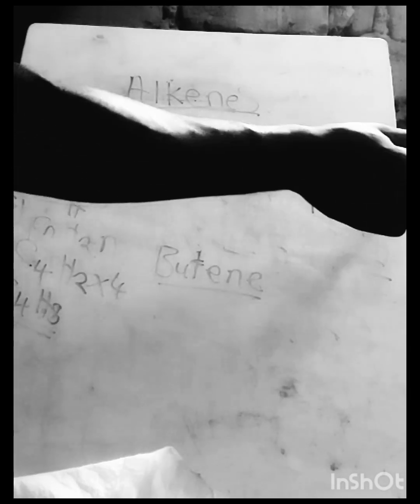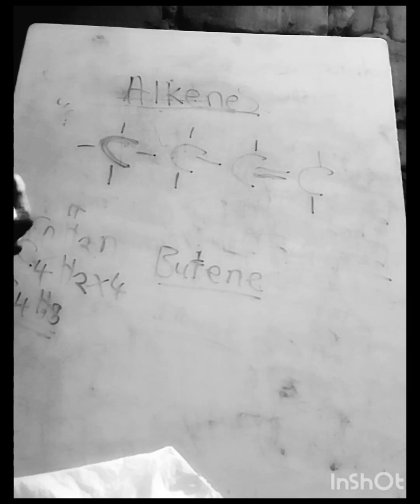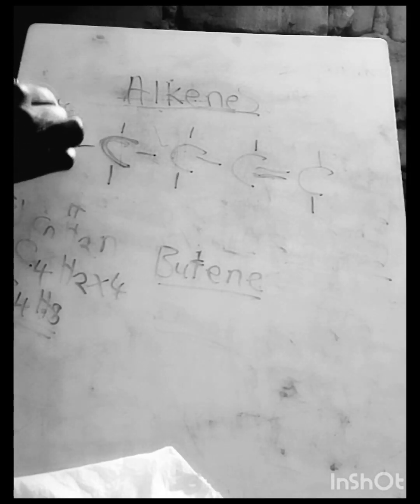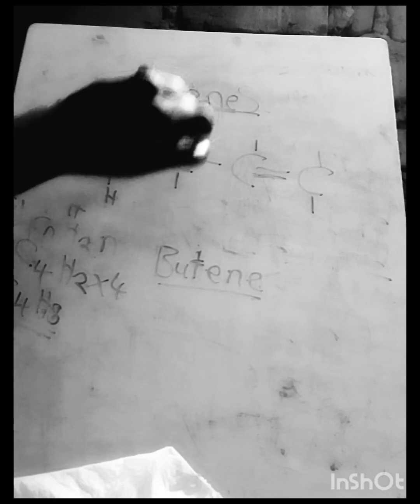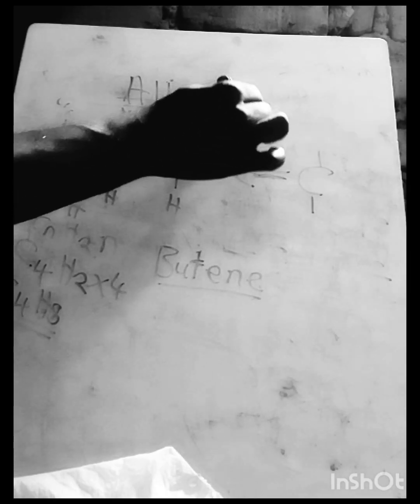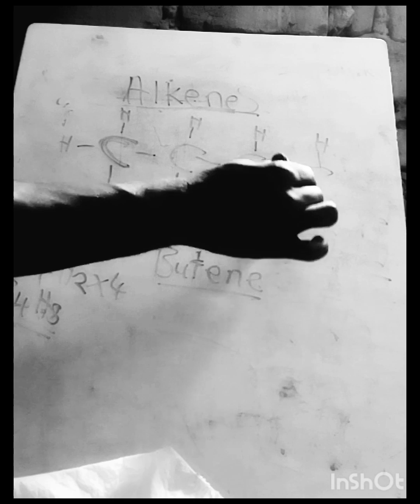Then the outside bonds you fix with hydrogen. So this is the structure for butene.